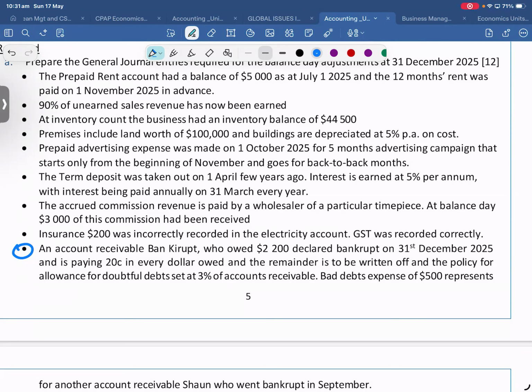Anything else? Any other answers? $1760? No, not $1760. Allowance for doubtful debt, debit or credit? With the write-off?